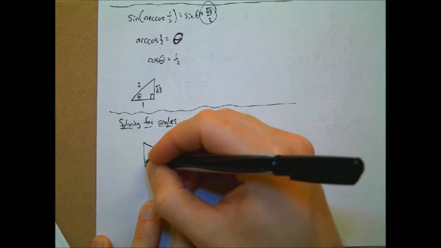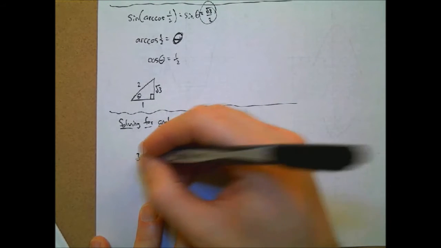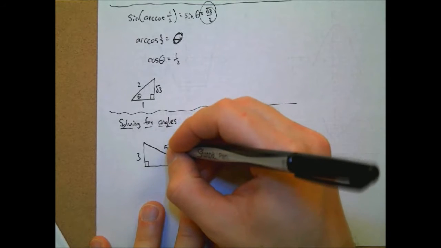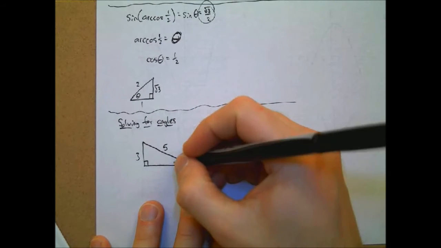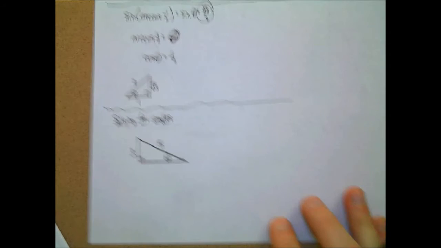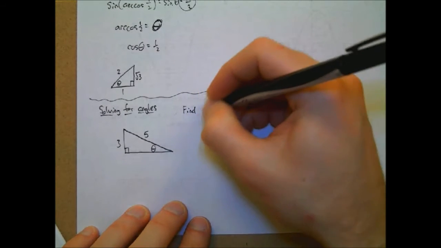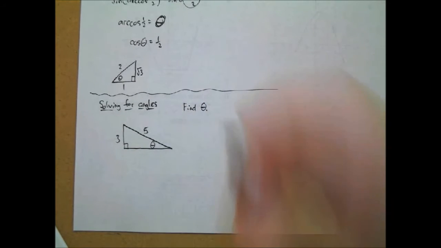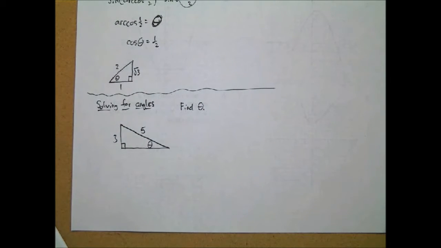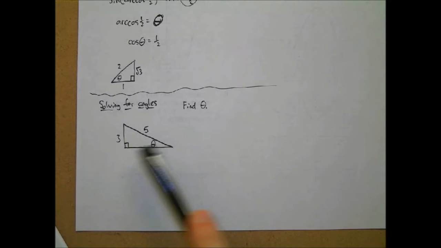All right, let's say we've got a 3 here and a 5 here and theta here. Let's say we want to find theta. Well, how can we relate theta with the information that we're given here in this right triangle?